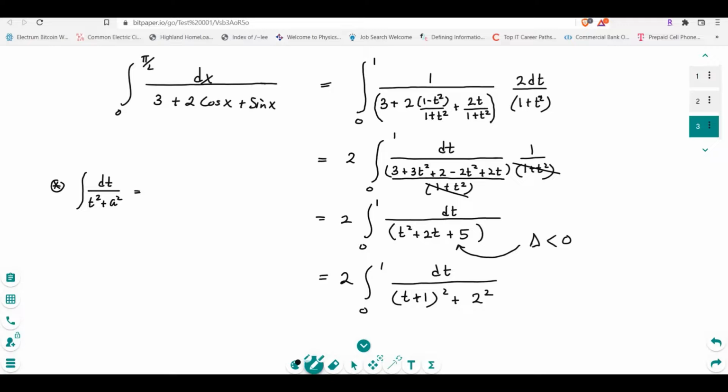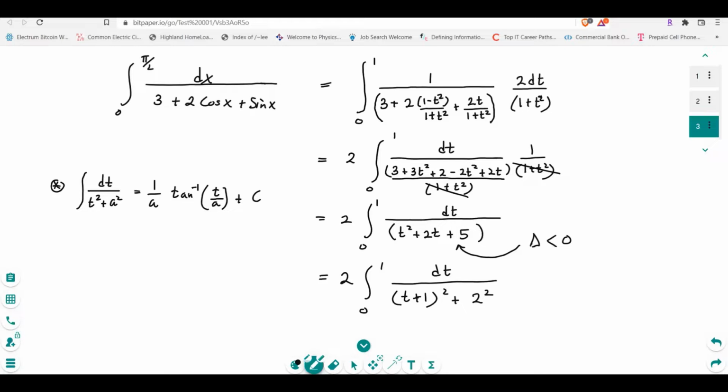Then the answer here would be 1 over the square root of this constant, a, times inverse tangent t over a, plus a constant. Okay, so that's the expression we are going to use here.